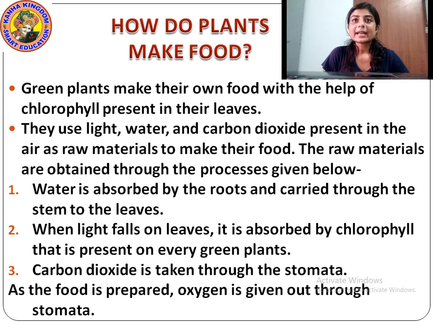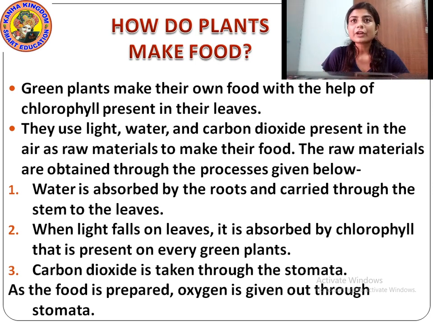Water and carbon dioxide present in air are used as raw materials to make food. Light, water and carbon dioxide are the raw materials needed to make food.